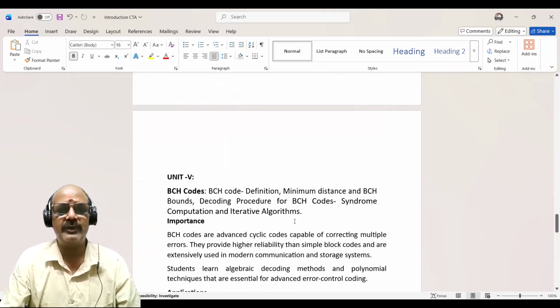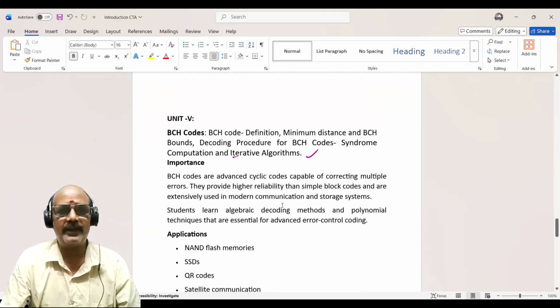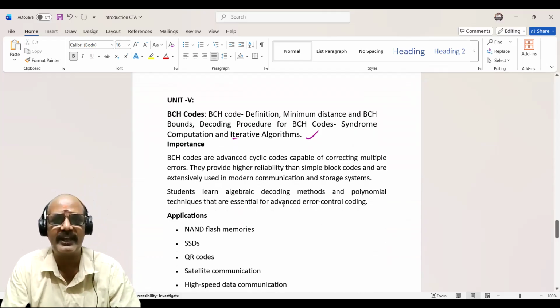Coming to the fifth unit, BCH codes. BCH code definition, minimum distance and BCH bounds, decoding procedure for BCH codes, syndrome computation and iterative algorithms. Importance: BCH codes are advanced cyclic codes capable of correcting multiple errors.